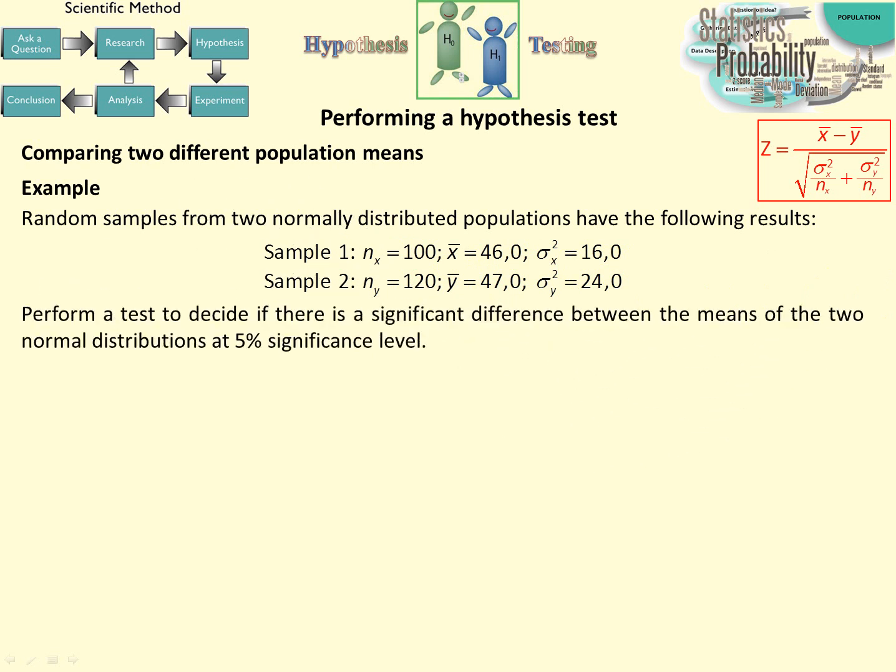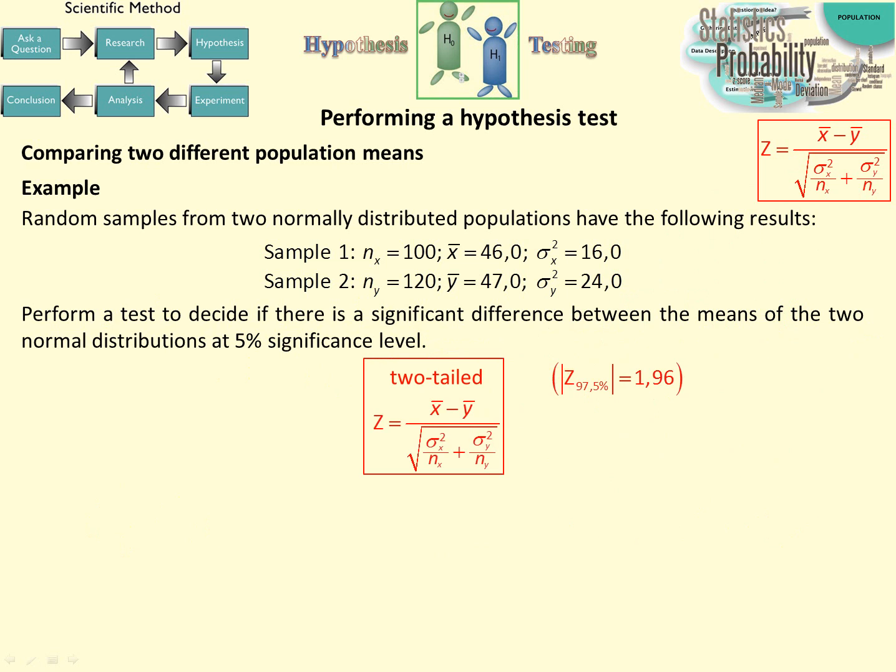Perform a test to decide if there is a significant difference between the means of the two normal distributions at 5% significance. It's two-tailed because it says just is there a significant difference. Therefore, at the 5% level, we need to divide the 5% to 2.5 on each side, which means Z score at 97.5.